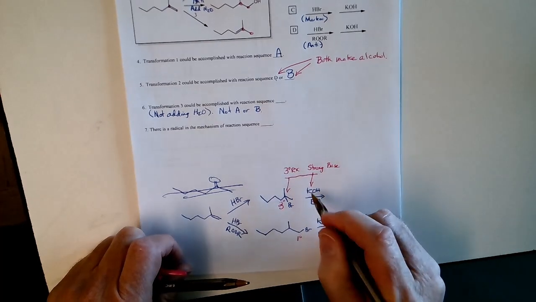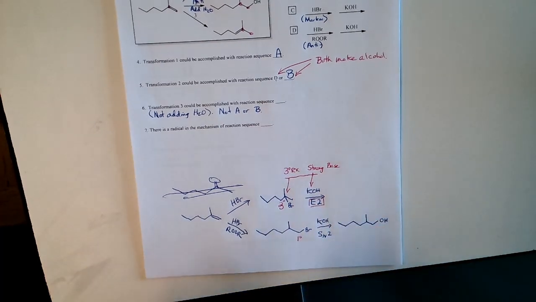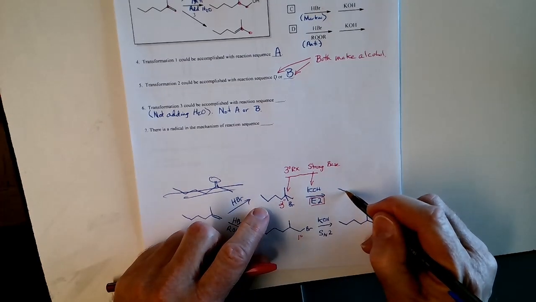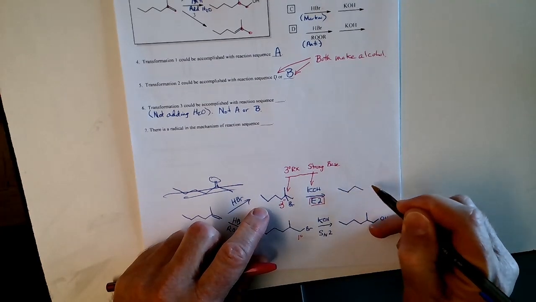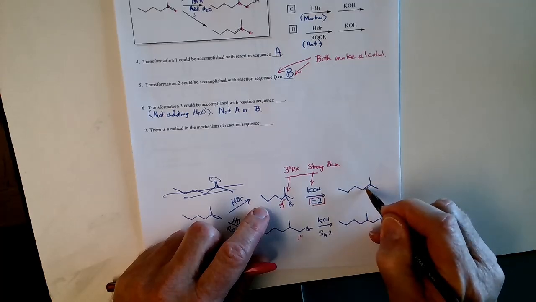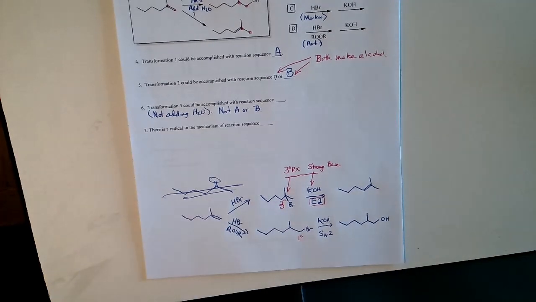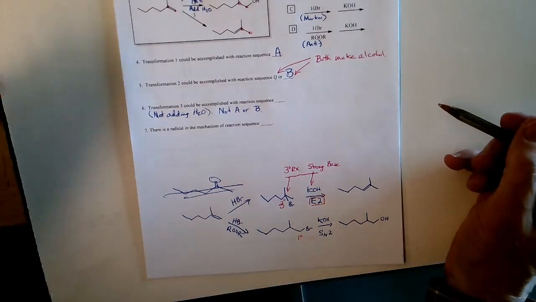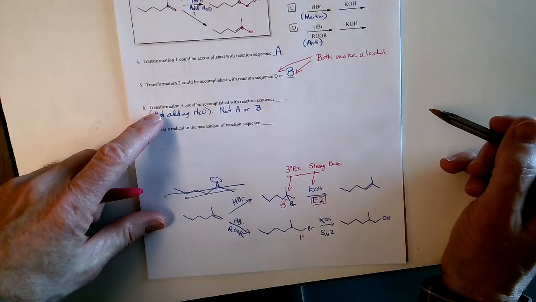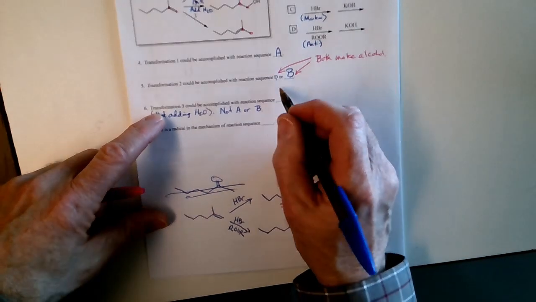That's your recipe for E2. And it would want to eliminate so that you wound up with the most stable alkene in the world that you could get out of this. And it would be this. Okay, that looks like, let's get back to the choices here. Transformation 3 could be accomplished by, that would be C.